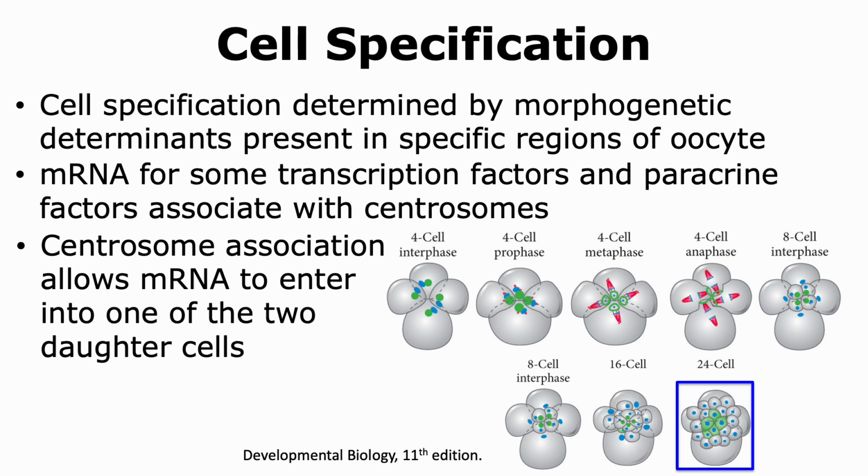Finally, in this figure, when we look at the 24-cell stage, we can see that messenger RNA is present only in certain cells. And when that messenger RNA gets translated into proteins, those proteins are present only in certain types of cells and can determine their cell fate in this manner.